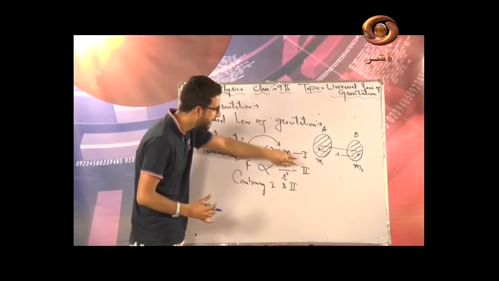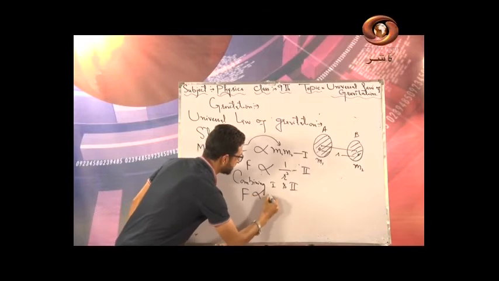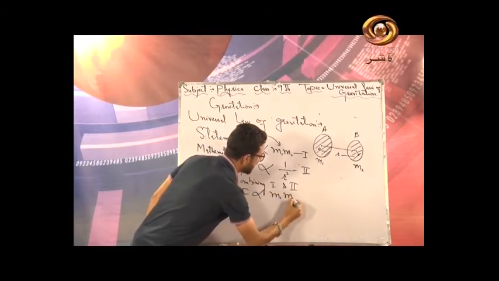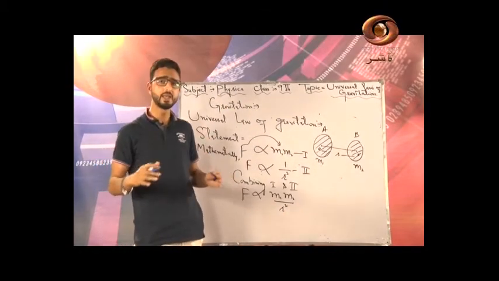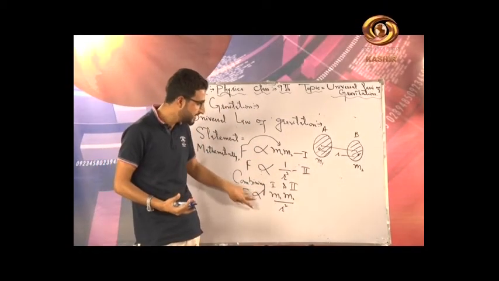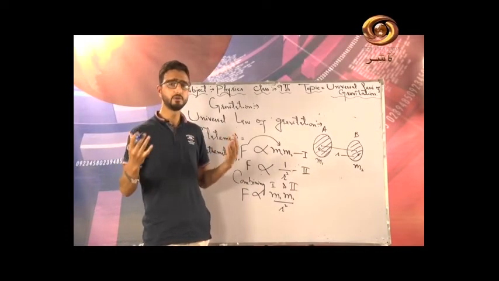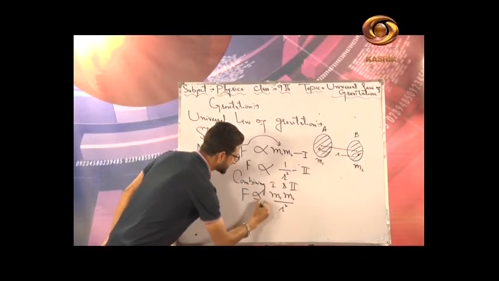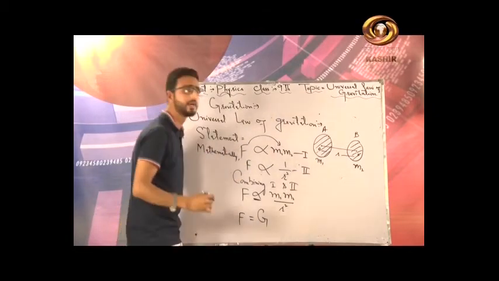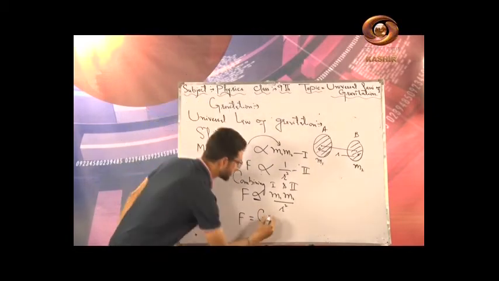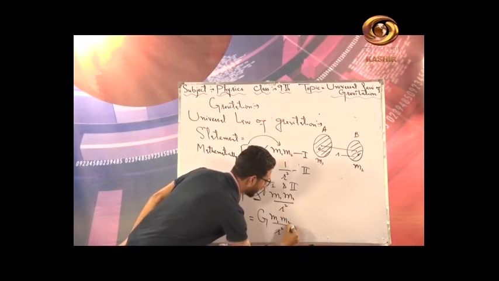So if I combine first and second, I will get F is directly proportional to M1 M2 divided by R square. Now as usual in the laws of physics, to replace this sign of proportionality with equality, I have to introduce a constant, denoted by capital G. So this is G M1 M2 divided by R square.